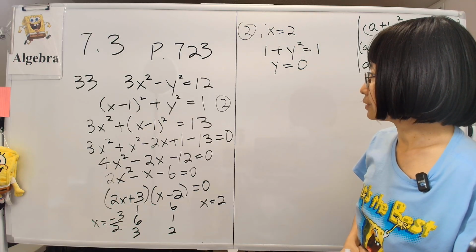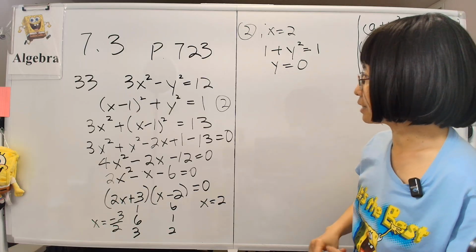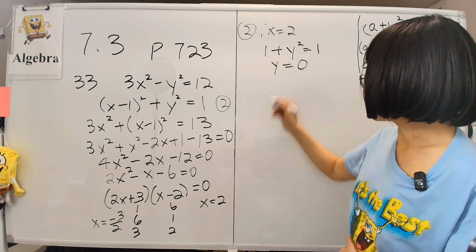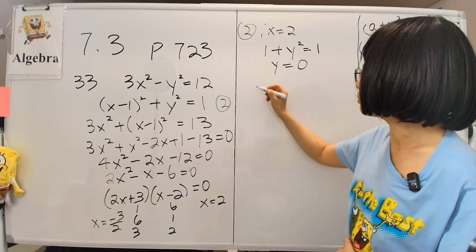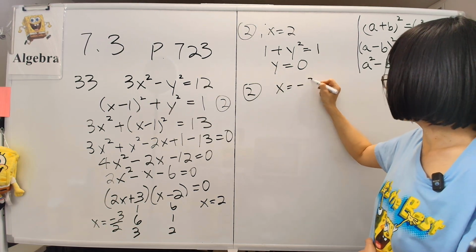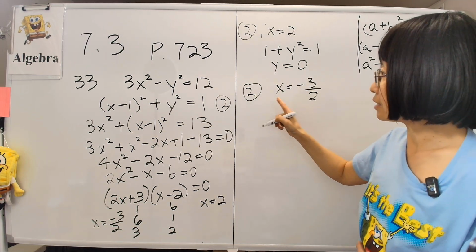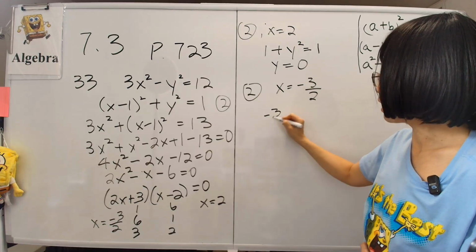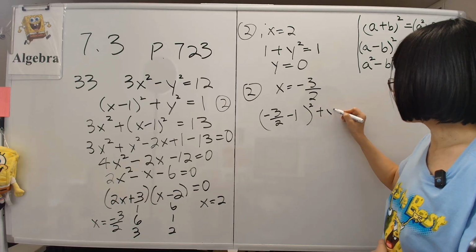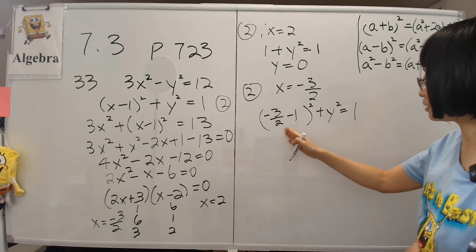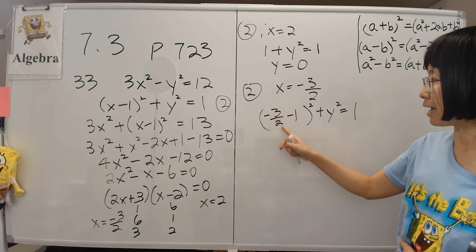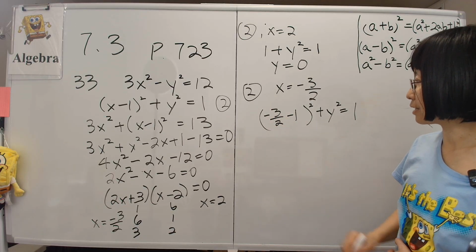The other solution is x equal to minus 3/2. Plugging again into equation 2, we have (minus 3/2 minus 1) squared plus y squared equals 1. Watch this very carefully. Minus 3/2 and then minus 1 is minus 5/2.